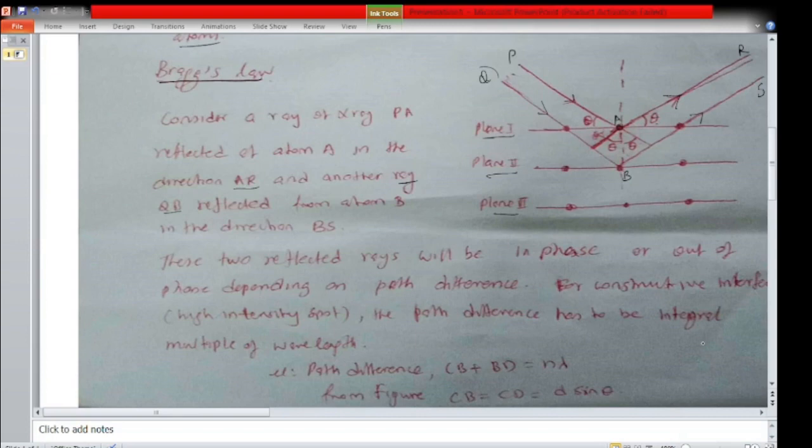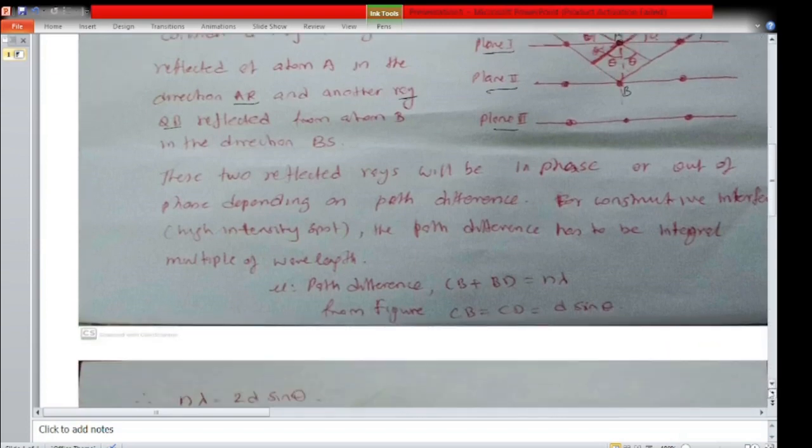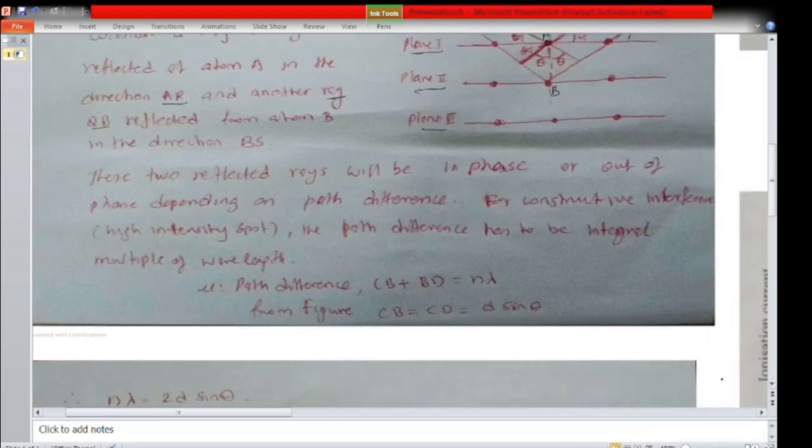So let us consider that kind of interference or interaction between these X-rays. These two reflected rays can be in phase, or they can be out of phase, depending on the path difference.